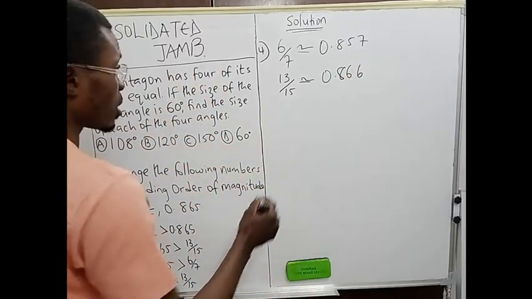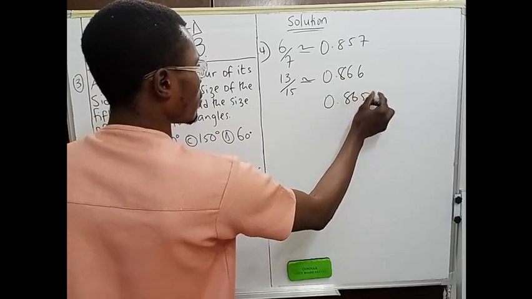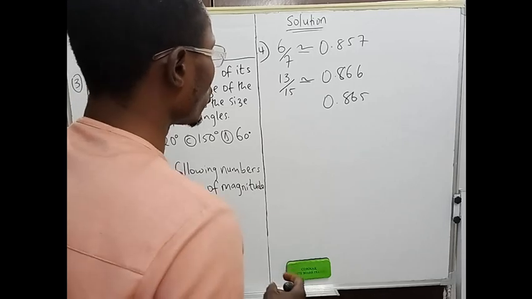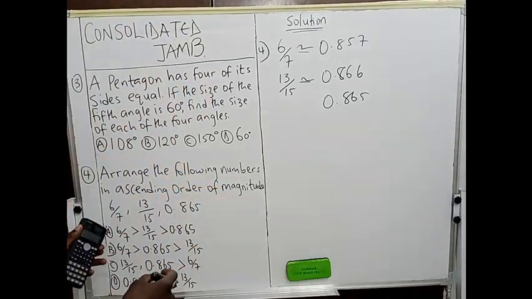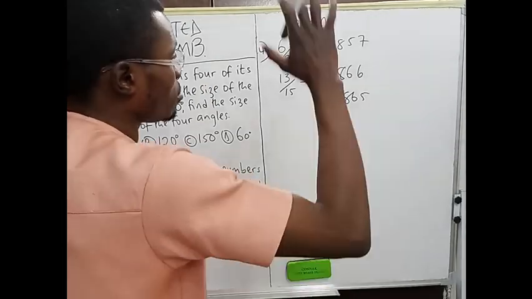Then the last is a decimal number. I have 0.865. So I compare the digits of these decimal numbers to tell which is the least, right? So we have to arrange in ascending order from the least to the largest.